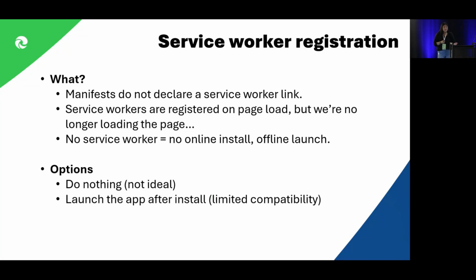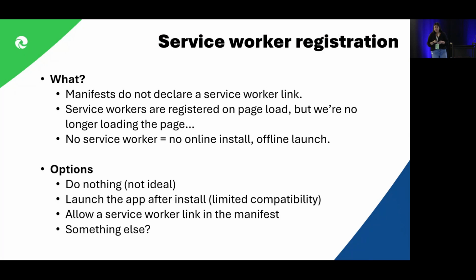Now, this is okay for something like the web install API, where the user has clicked a button, they're expecting something to be installed, but it doesn't really fit with those other cases I mentioned, like enterprise policy apps or pre-installed apps. We could also allow a service worker link in the manifest. This is definitely possible, and it actually used to be supported, but it was removed due to some redundancies and some other behavioral considerations, so it would definitely require a little bit more thought to bring this back, or something else.